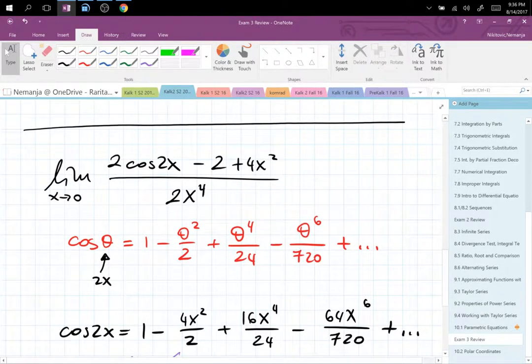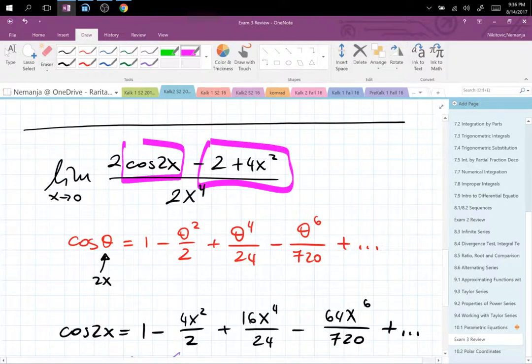That's the limit. It mixes polynomials with trig, right? Polynomials and transcendental functions are mixed together. Yet we are able to construct the power series by replacing those thetas with 2x. And then we plug that power series here, multiply it by 2, and that happens to cancel these two terms.